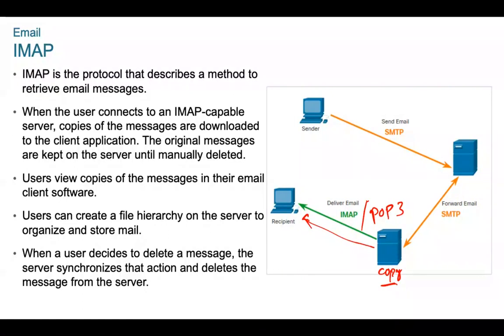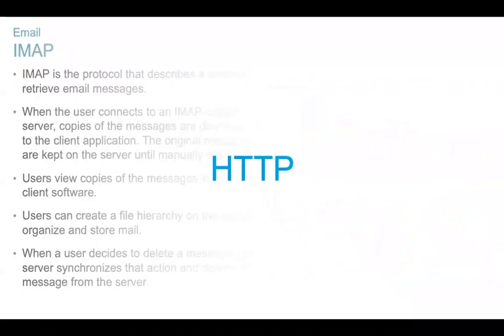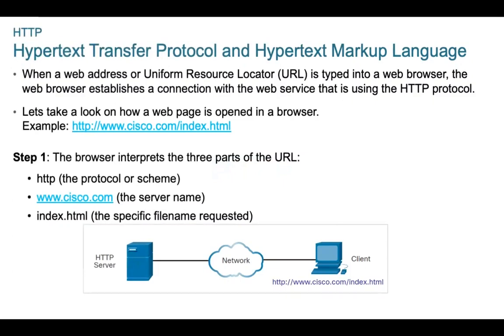And another network service which is provided by your network is the HTTP service. As we know, HTTP is an application layer specific protocol designed for common uses such as web browsing and email.